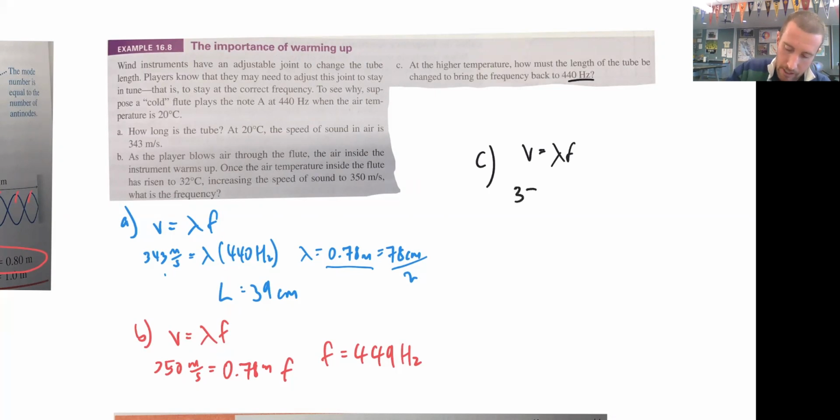Now it's 350 meters per second equals, I've got to adjust the wavelength, that is, adjust the length of the tube, times the frequency, which is 440 hertz now. So 350 divided by 440.